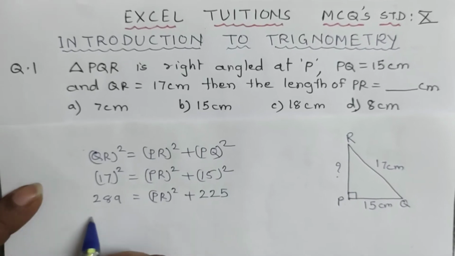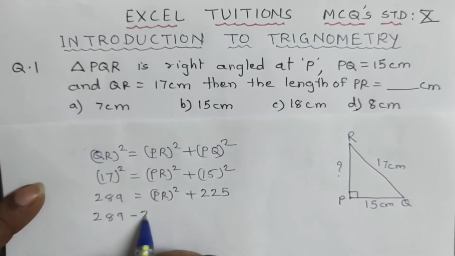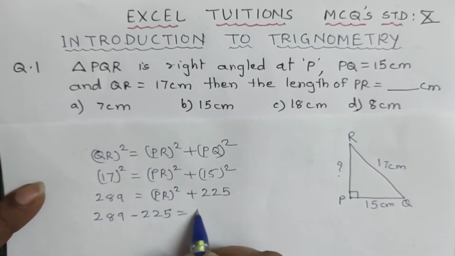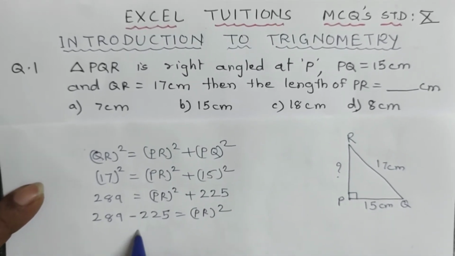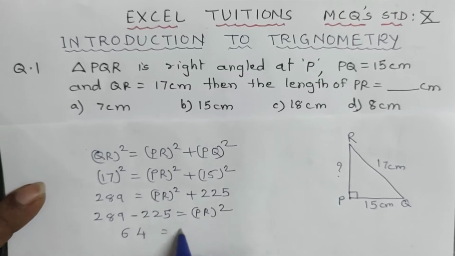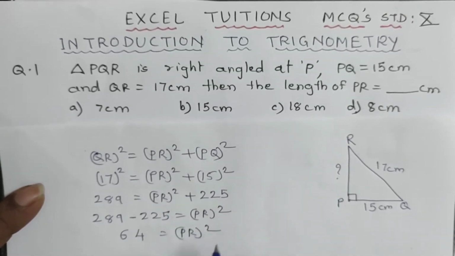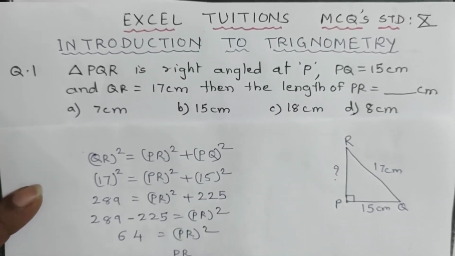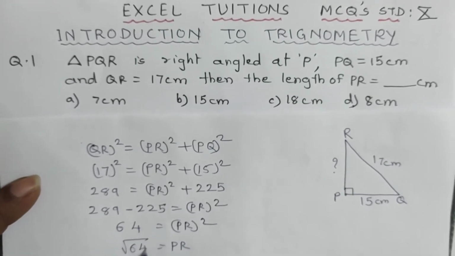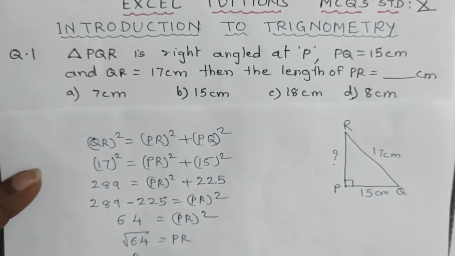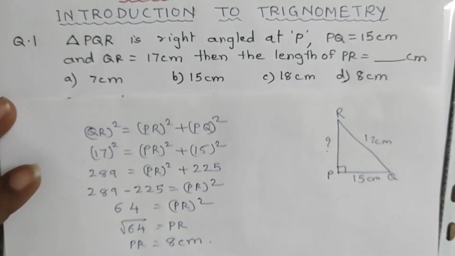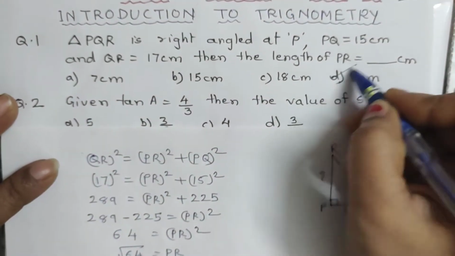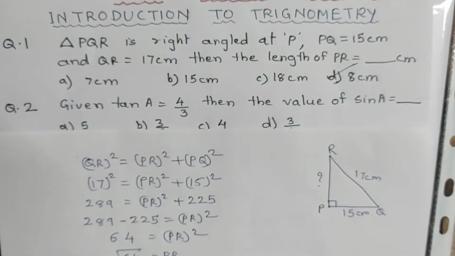Now we take this side, so 289 minus 225 is equal to PR square. So this comes to 64 is equal to PR square. So PR is equal to root of 64, that is PR is equal to 8 centimeters. So our correct option is option D, 8 centimeters.